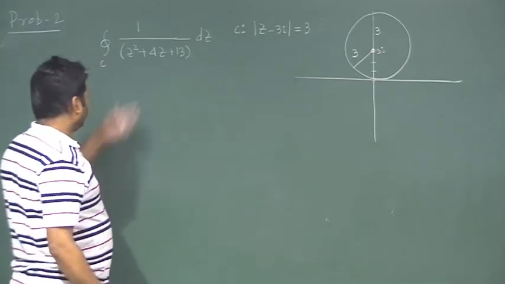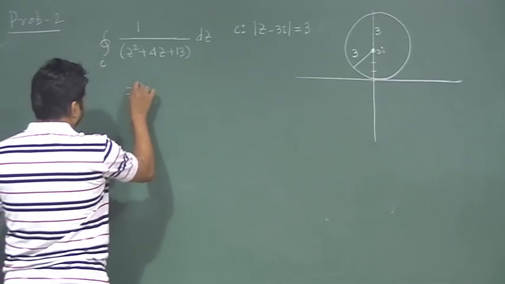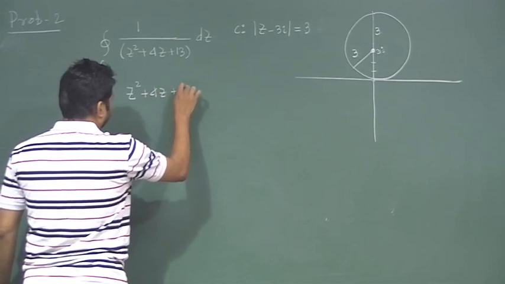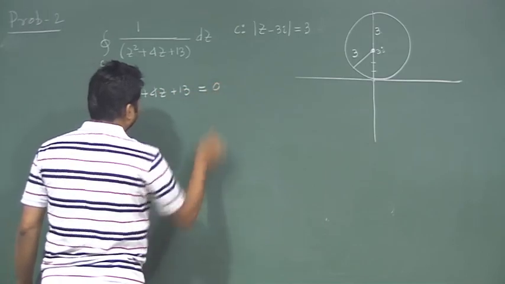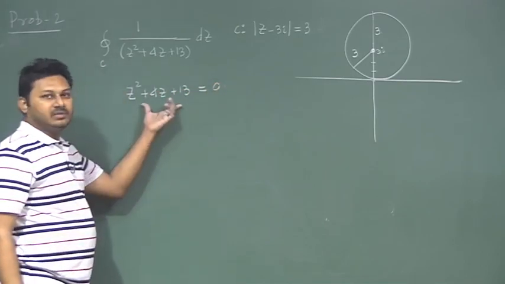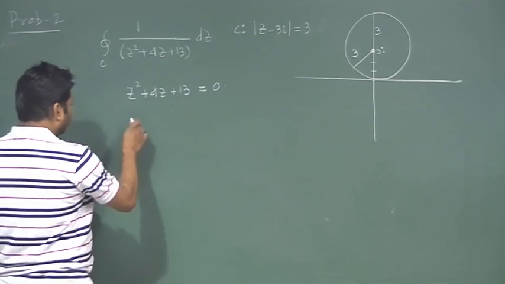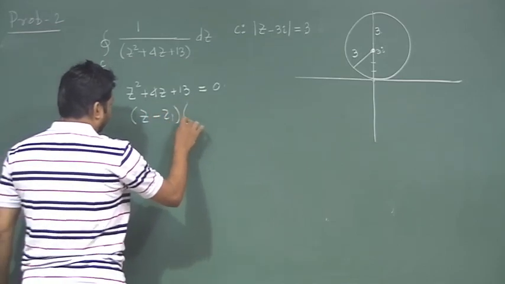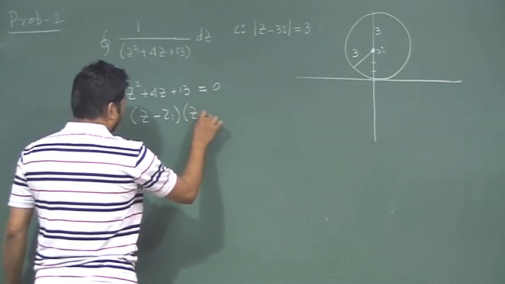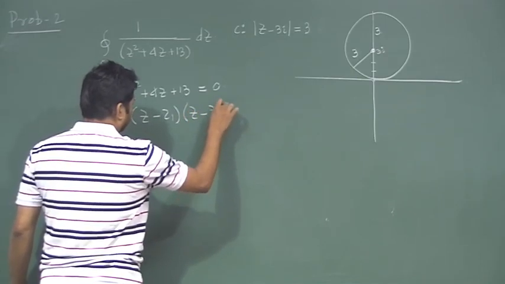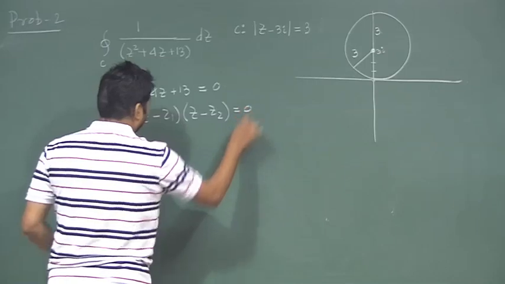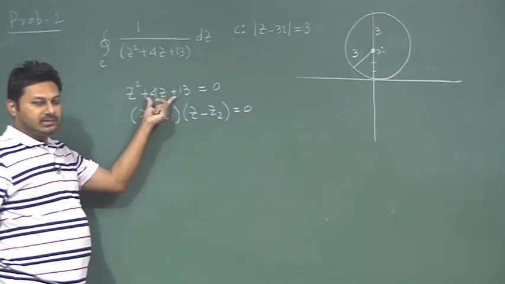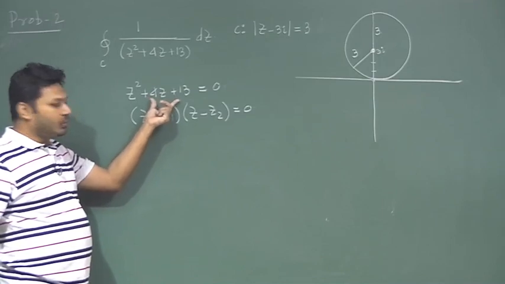The next thing is to evaluate. So, z square plus 4z plus 13, where this quantity is 0, we will have the singularity, for sure. So, if I write (z minus z1)(z minus z2) equal to 0, then z1 and z2 will be the two solutions of this quadratic equation, which we know how to solve.